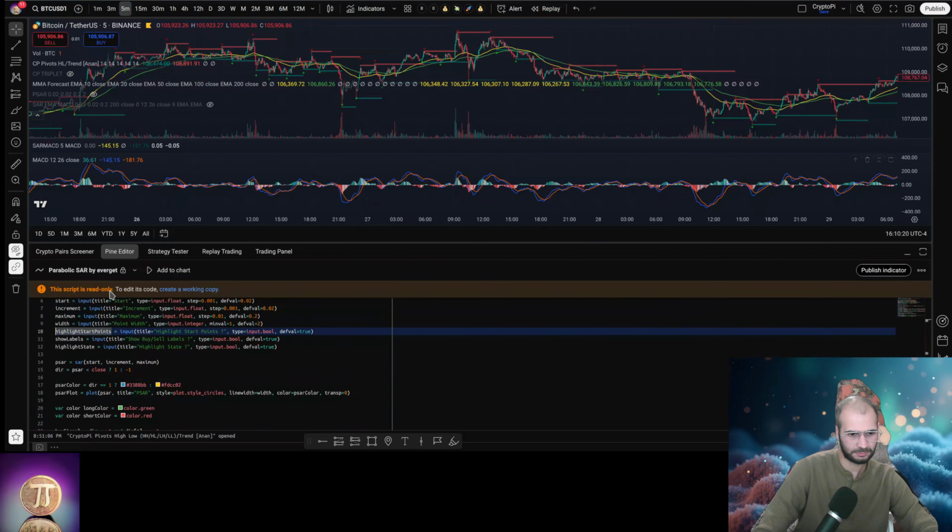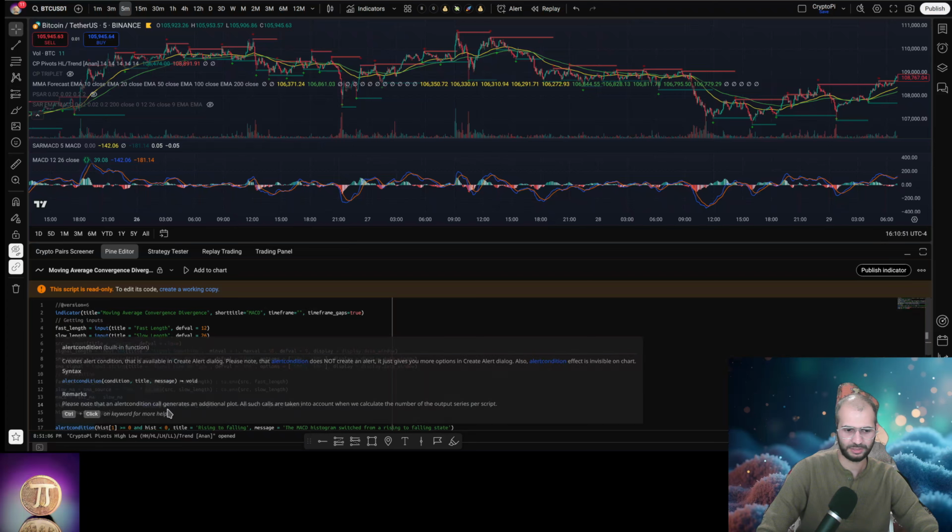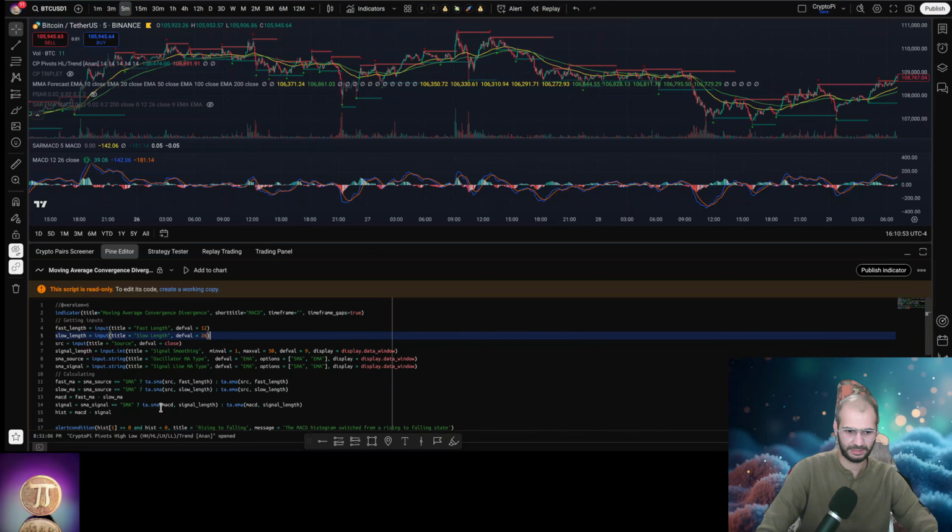We can look into the code and see here that it uses a simple moving average, a fast moving average and a slow moving average, and the difference between the fast and the slow moving average is the MACD indicator. And you find the uptrend and downtrend based on the difference between the signal and the MACD. The signal is computed by applying a simple moving average over the MACD.